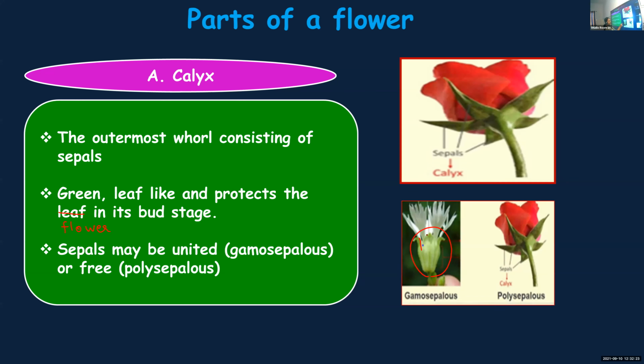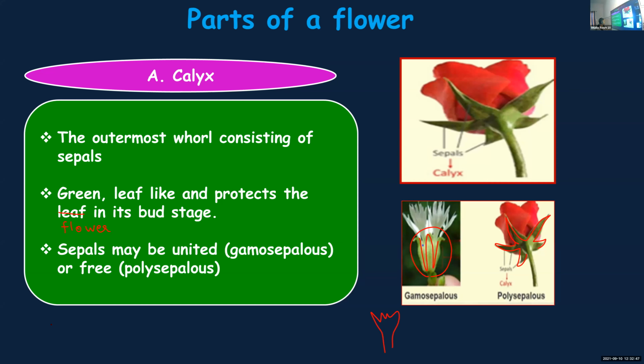It is not separated like this. Here you can see these are separated. Sepals are separated, so you call it polysepalous. Whereas when the sepals are united like this, you call it gamosepalous.